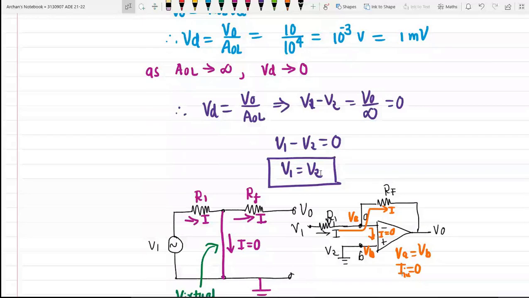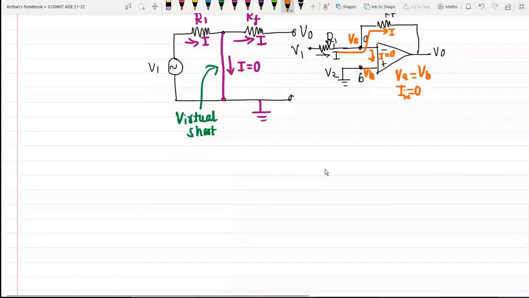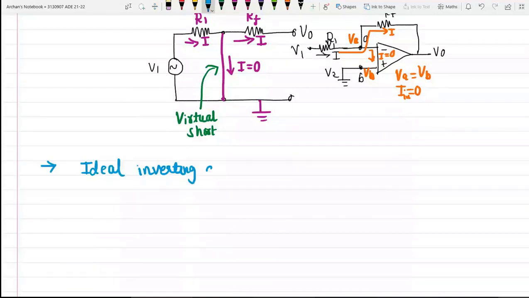Now using this, let us try to understand one configuration of operational amplifier which is known as the ideal inverting amplifier.